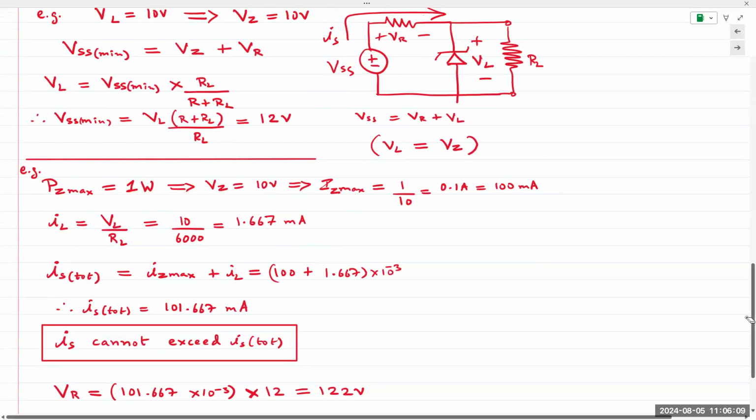So the Zener diode can handle a max of 100 milliamps. Your load requires a max of 1.67 milliamps. You add those together, and your supply voltage cannot exceed that total. If it does, then your Zener diode is going to blow up.